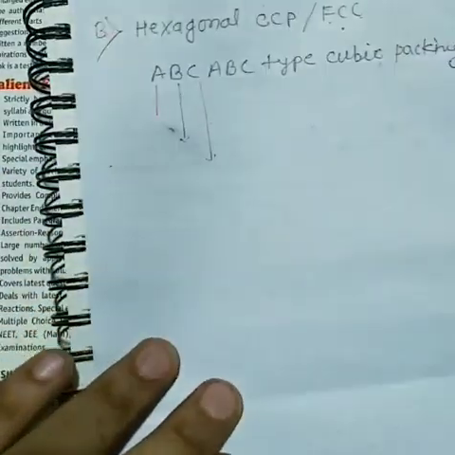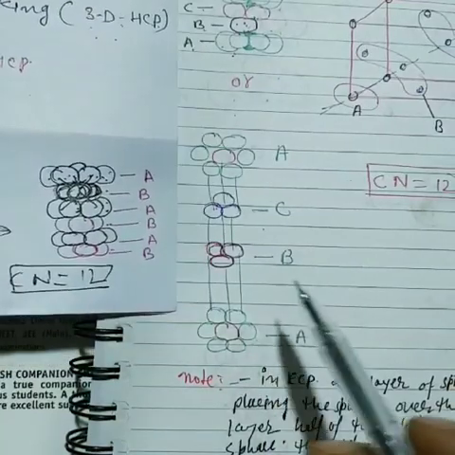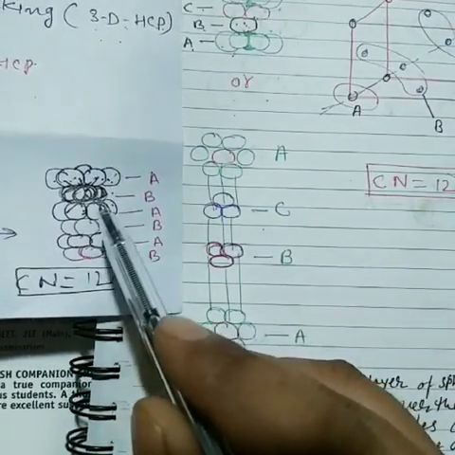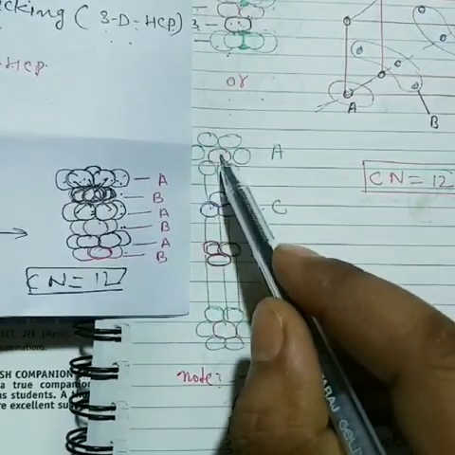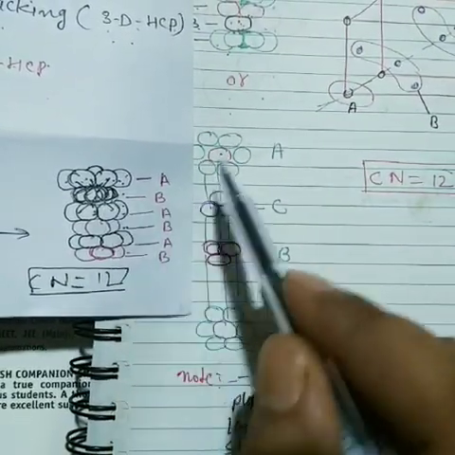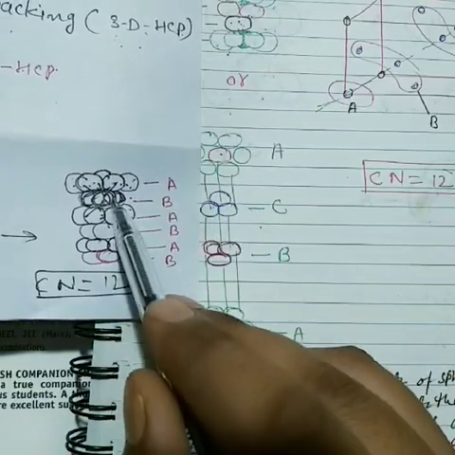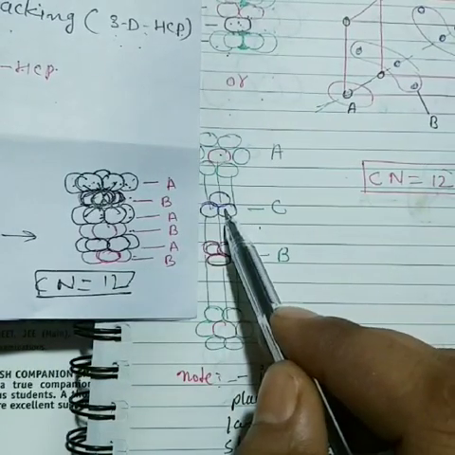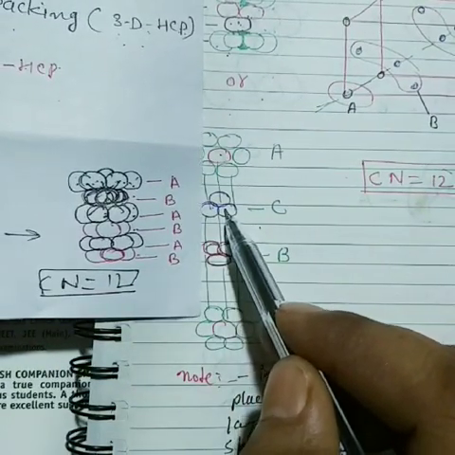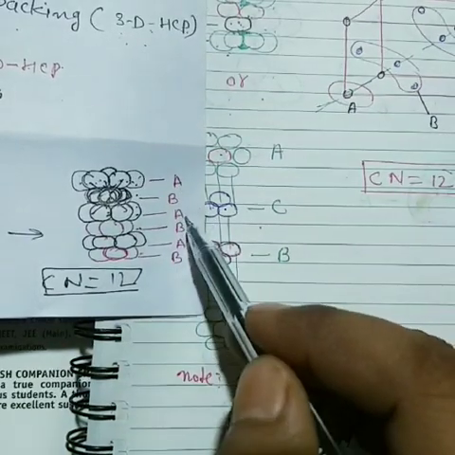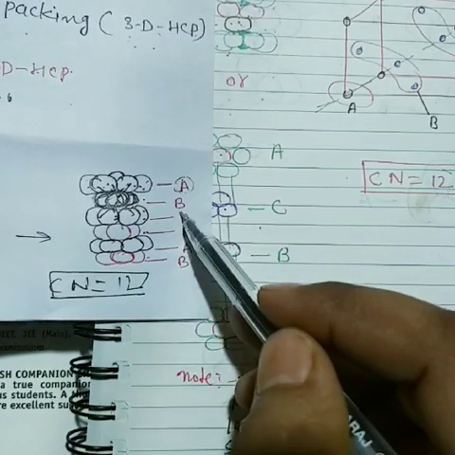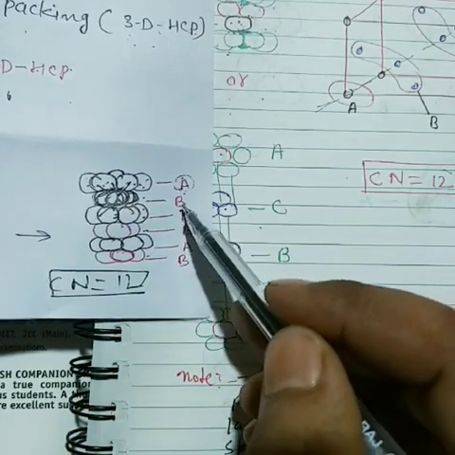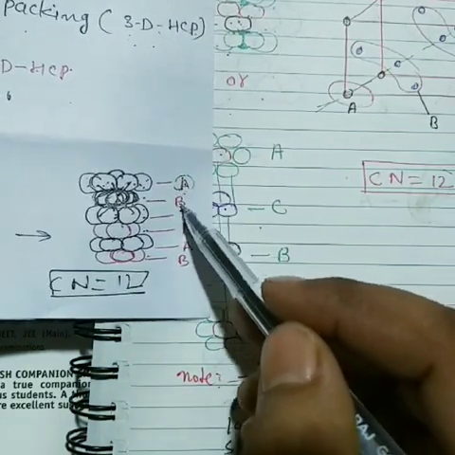Now see, students, I told you previously. Here it is a hexagon, and these atoms look the same, and another. That means a row is repeated after the second, that means 1 2 3.